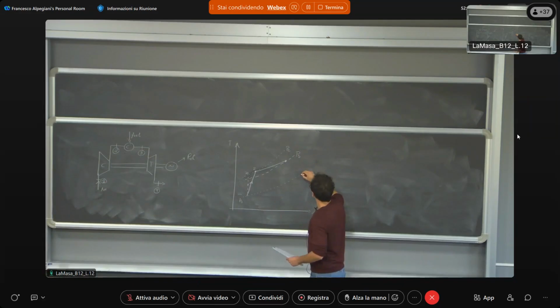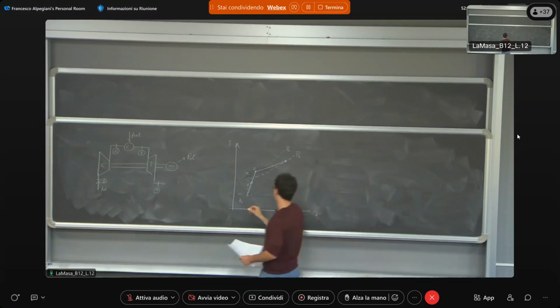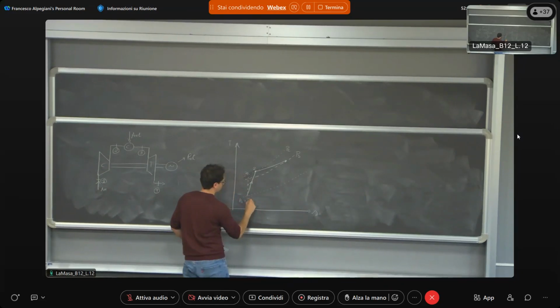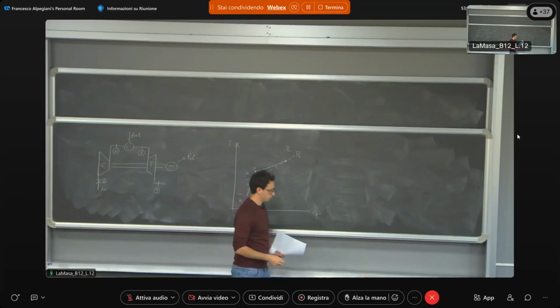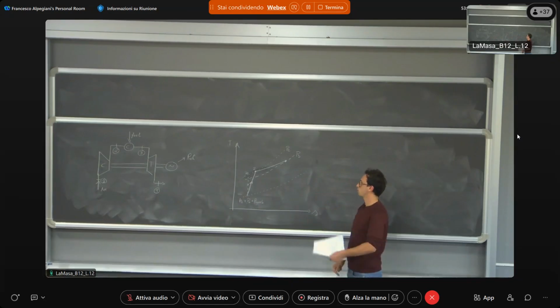And then we expand the flue gases in the gas turbine, and we will go once again to the ambient pressure. So P1 is equal to P4, which is equal to Pamb. And also in this case, we can go to P4 or Pamb with an isentropic expansion or with a real expansion, essentially.